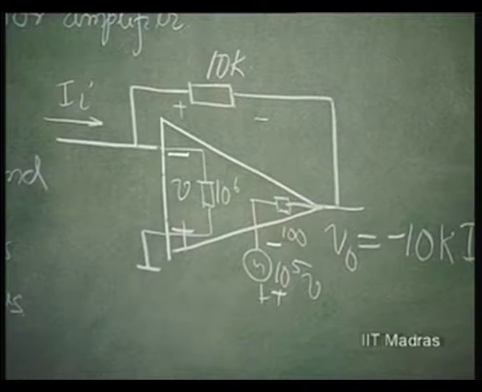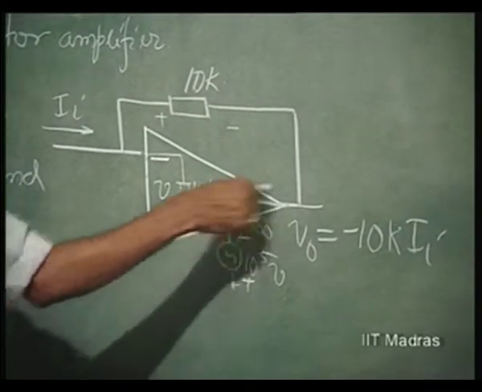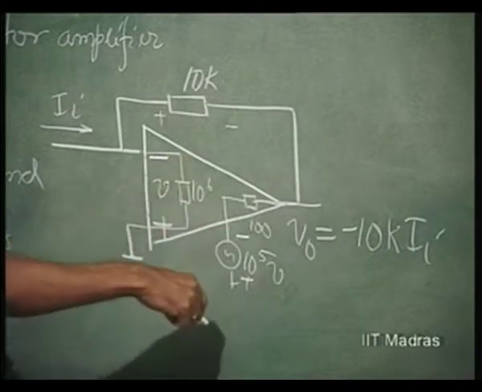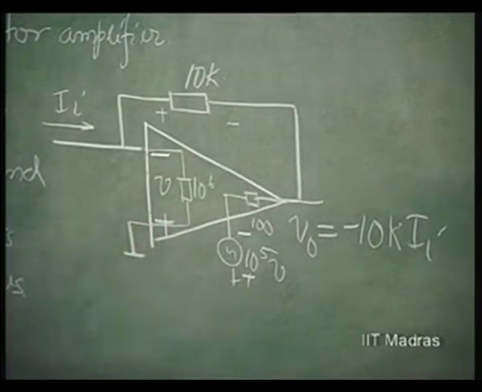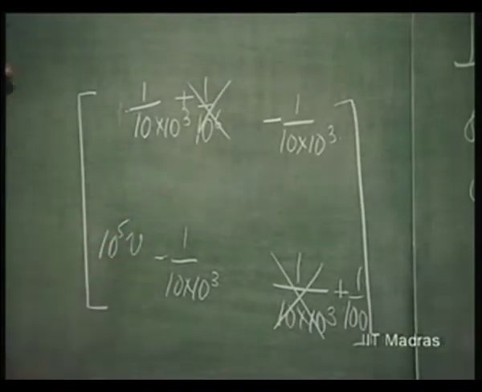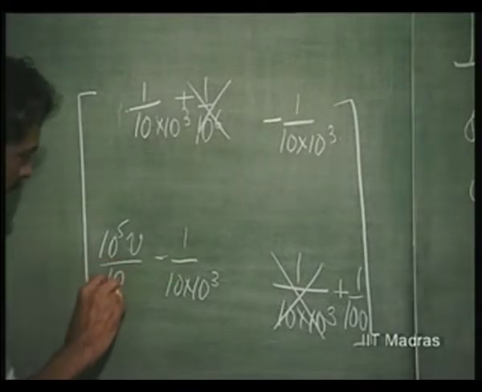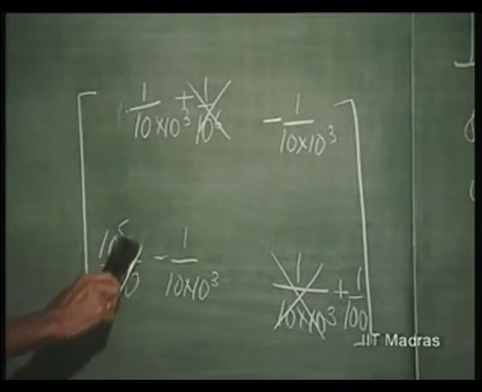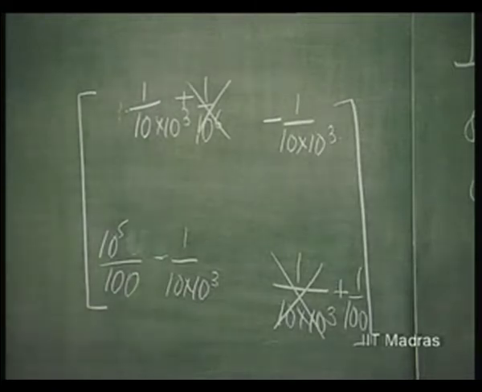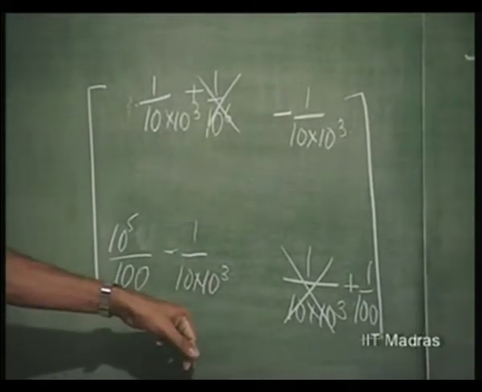So, we have the current instead of going out coming in, so this is positive. So, 10 to the power 5 times V divided by 100. That is the output current contribution, short circuit output current, apart from the current due to 10K.